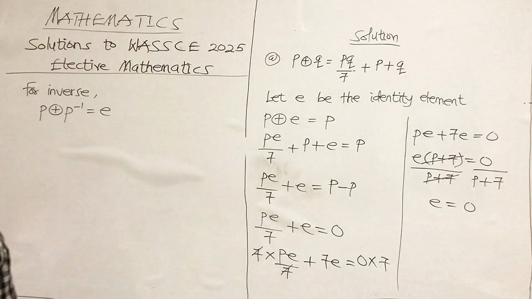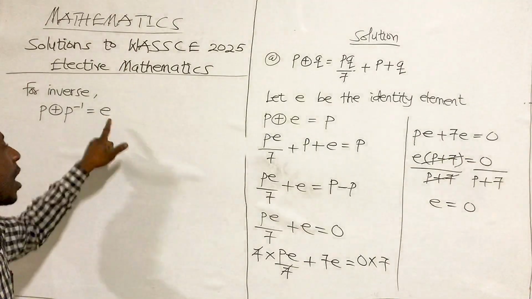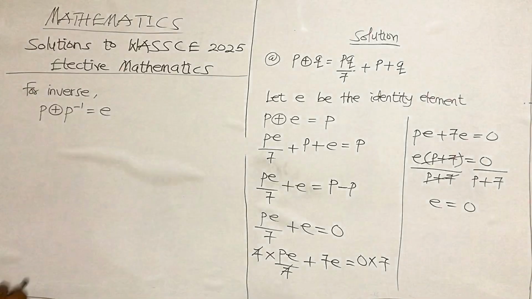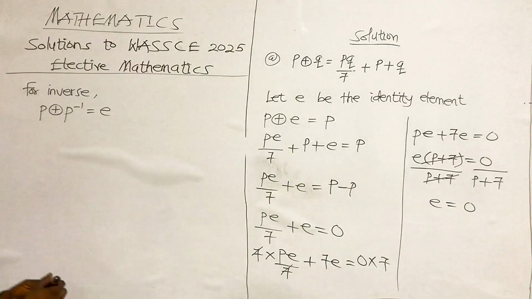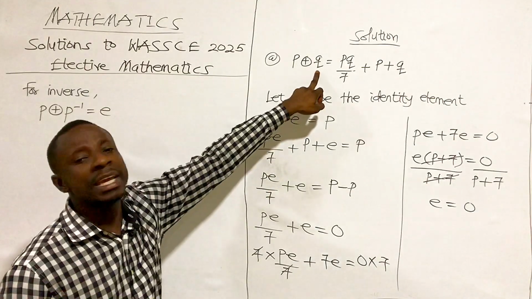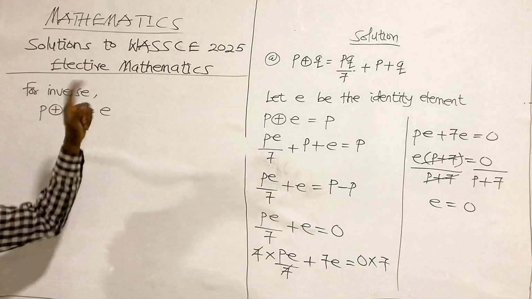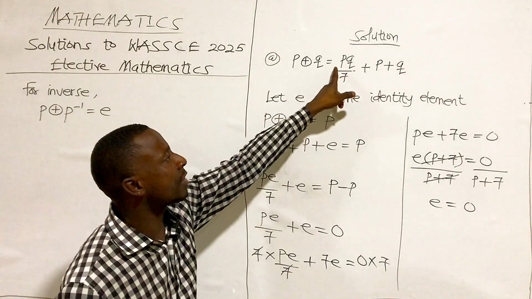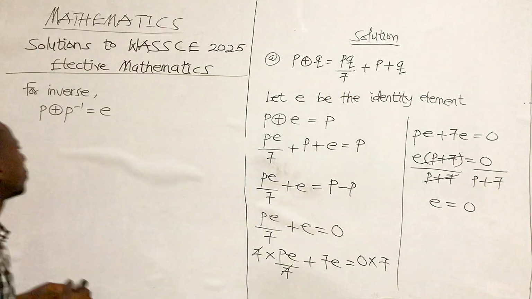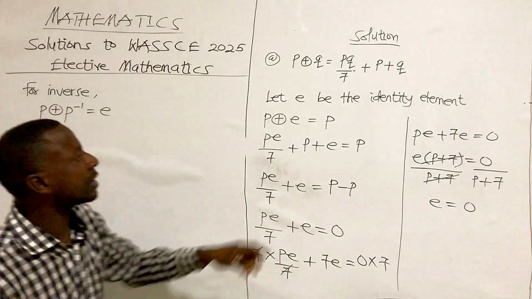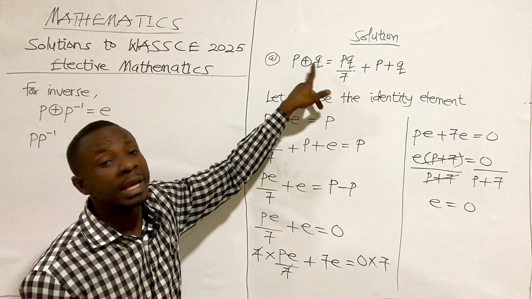This is why before you can find the inverse, you have to get your identity element first. So by comparison from the main definition, anywhere I see Q, I am going to substitute P inverse there. So from the definition, we have PQ here, so here it is going to be P inverse because we are multiplying P and Q.